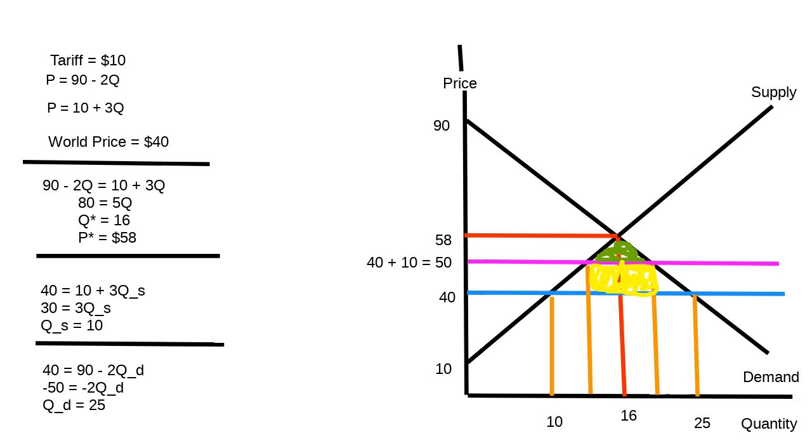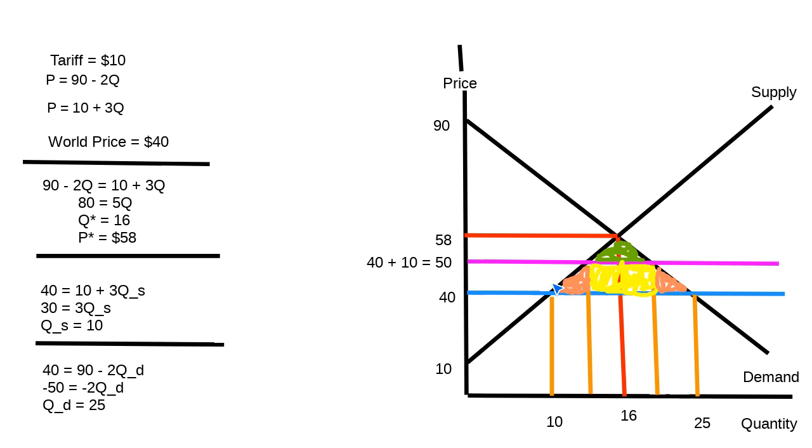In this question, we're looking for deadweight loss, and the deadweight loss is here. This is the deadweight loss. This triangle plus this triangle. This is the deadweight loss. And so how do we calculate that? Well, we see that the height of both triangles is the size of the tariff.